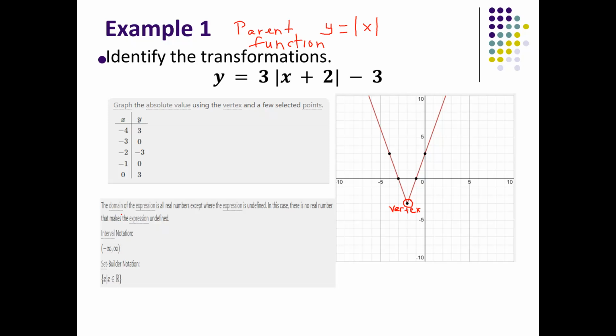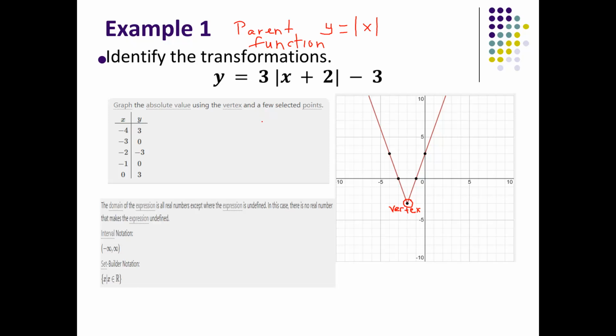Over here, you can see that the domain of the expression is all real numbers, except where the expression is undefined. But in this case, there is no real number that makes the expression undefined. So here, the set builder notation tells you that x, such that x is all real numbers.